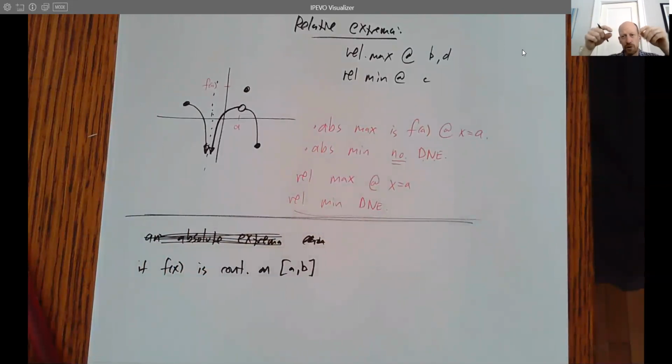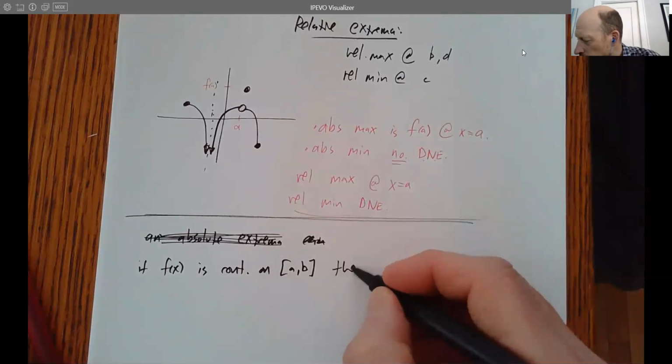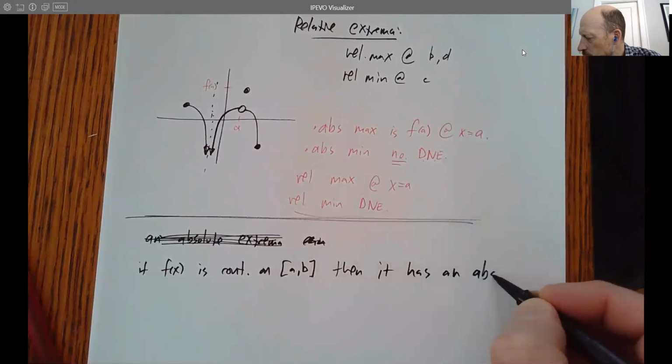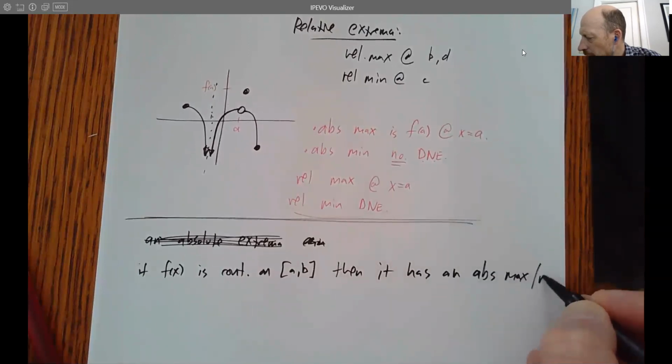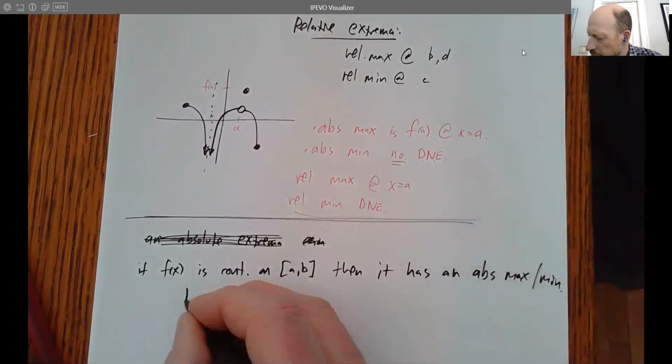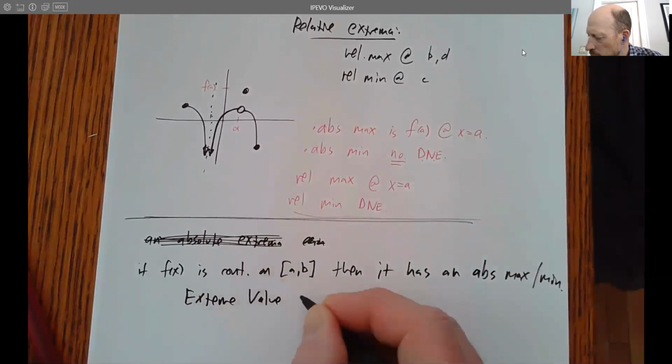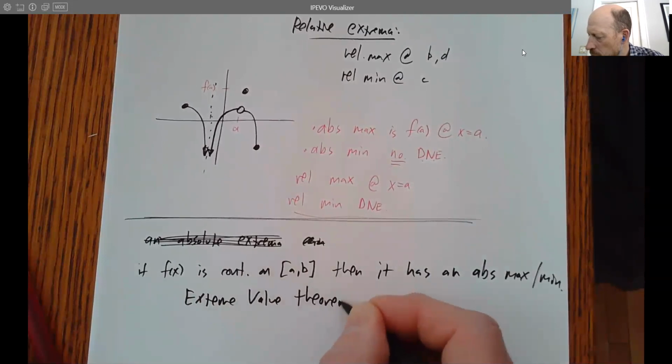It can't have jumps or hops. It's a fine mental description. We know continuity is a little bit more subtle than that, but that's good. So if we have a function that's continuous on a closed interval, then it has an absolute max and a min. And this is called the extreme value theorem.